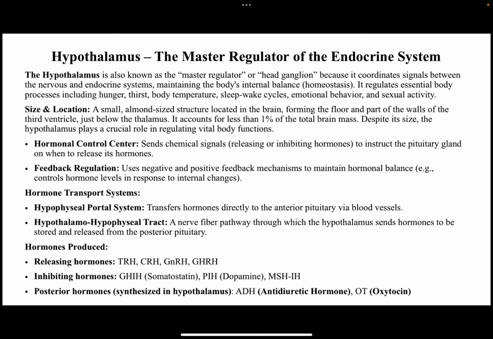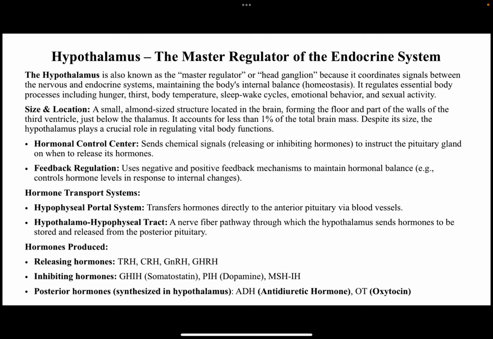So the hypophyseal portal system is the portal system connecting the hypothalamus to the anterior pituitary. Then we have another system that we call the hypothalamo-hypophyseal tract.